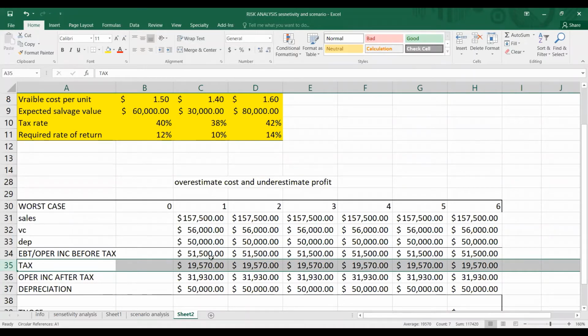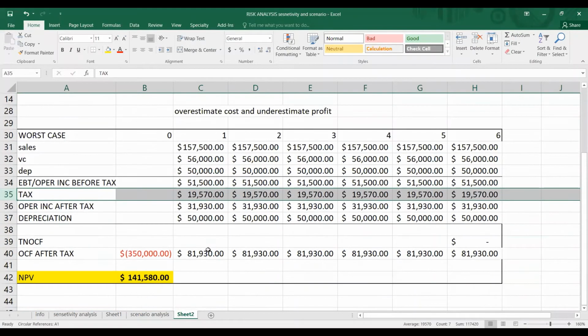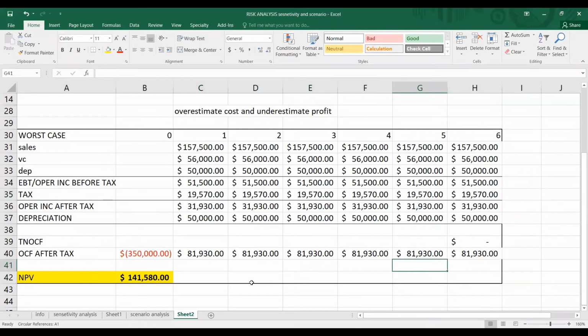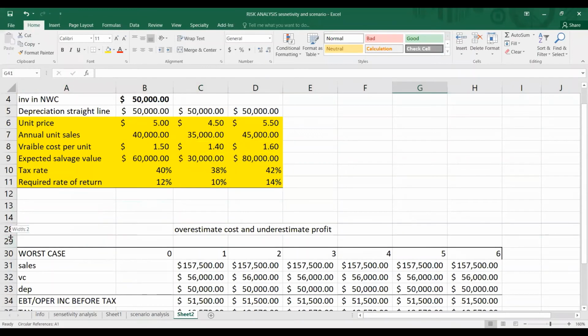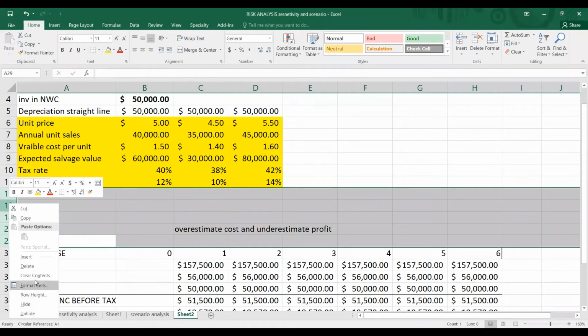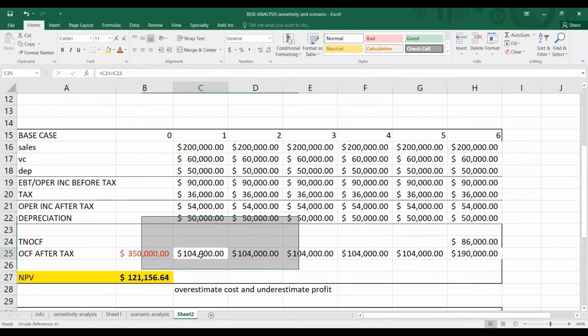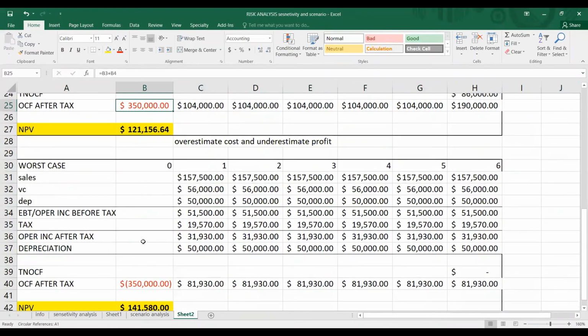You can increase it to consider it as a cost, or as a subsidy if there is a negative flow for you. But one thing I don't get is, why do I have, okay, my terminal non-operating cash flow. Let me just add this one to be consistent with my base case. Okay.